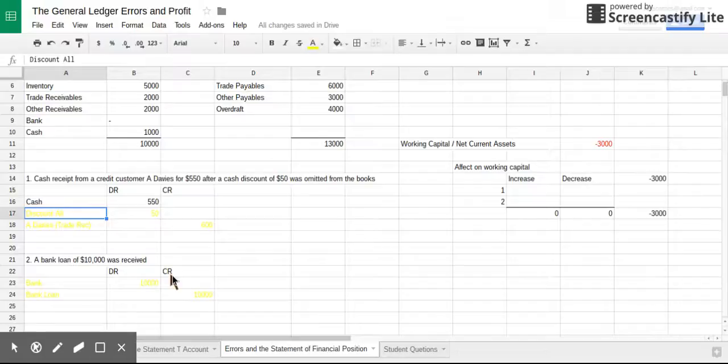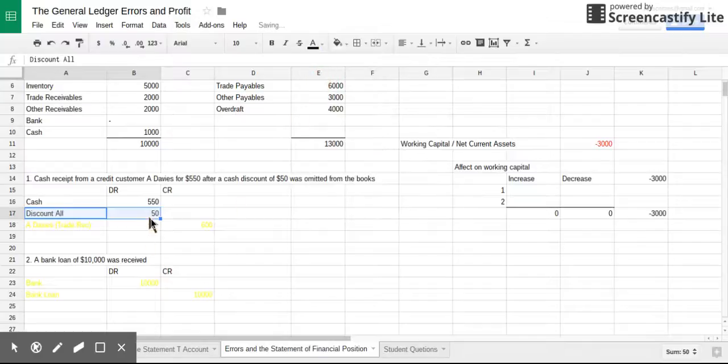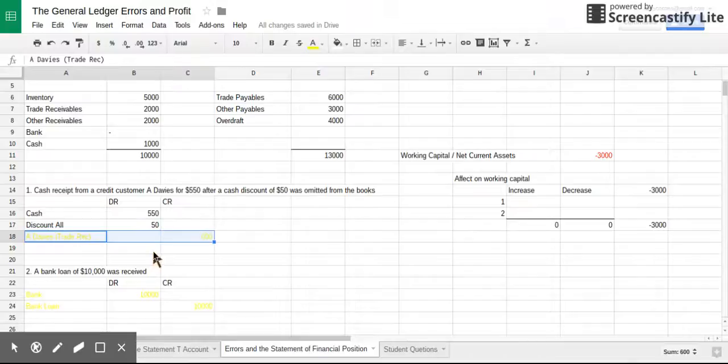This business has also got a cash discount that's been allowed to the customer of $50. Now, that doesn't go in the working capital section because it doesn't go in the current assets or the current liabilities. That's actually going to go in as an expense in the income statement. So that bit's going to have no impact on the statement of financial position at all. But what's going to happen is the amount of money the business is owed by A. Davis as trade receivable is going to decline by $600.